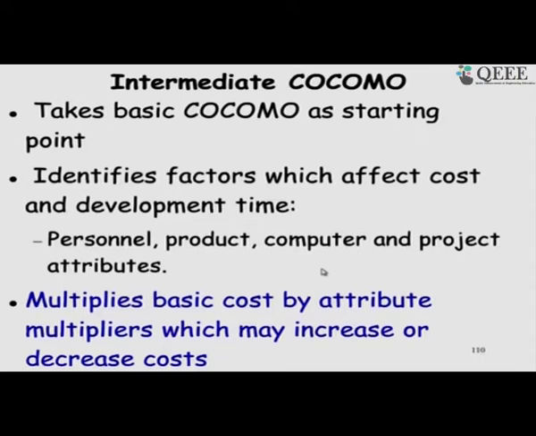Unlike COCOMO 2, where we will see that the adjustment is slightly more complex, here it is a simple multiplication. It multiplies the basic cost by the attribute multiplier, which may increase or decrease the cost.